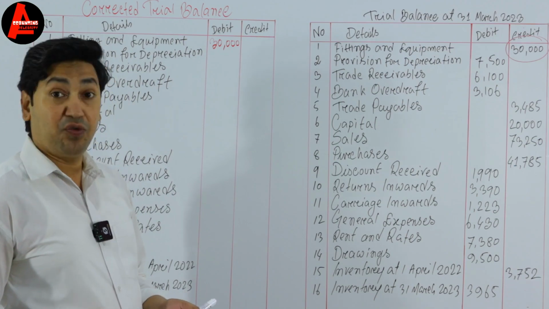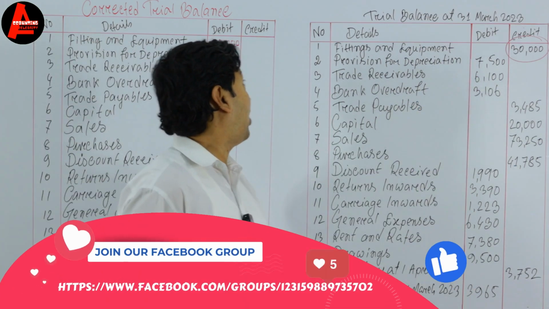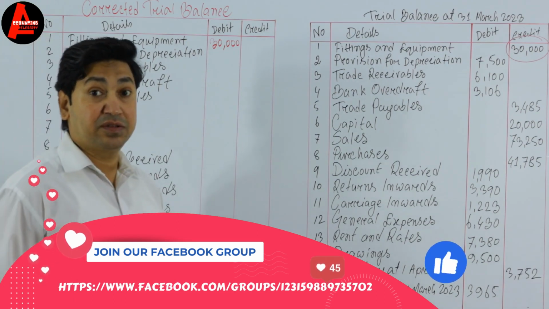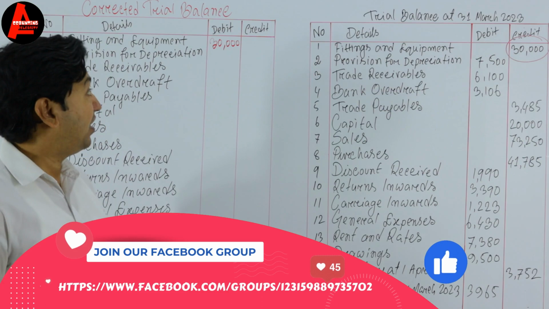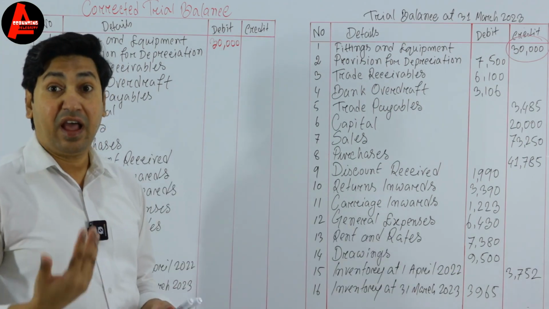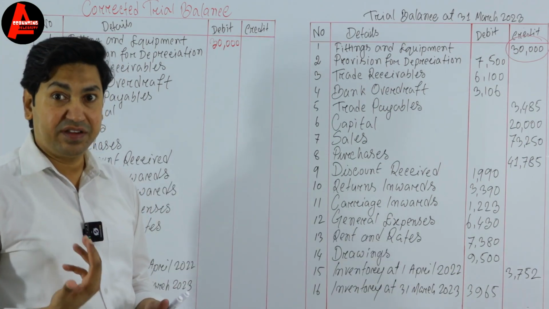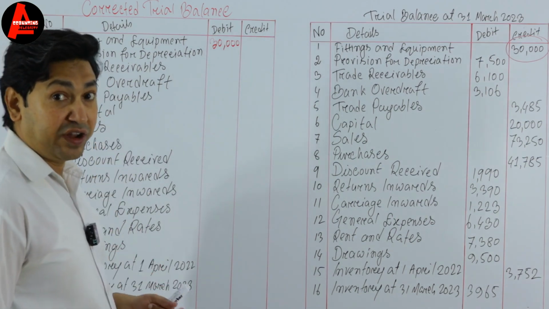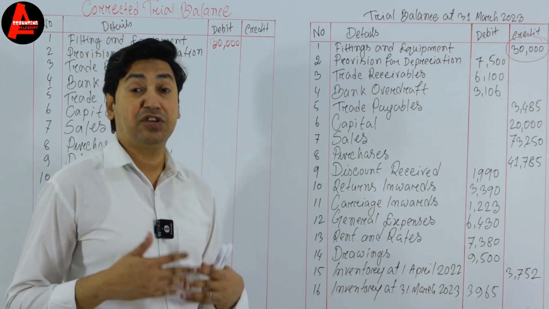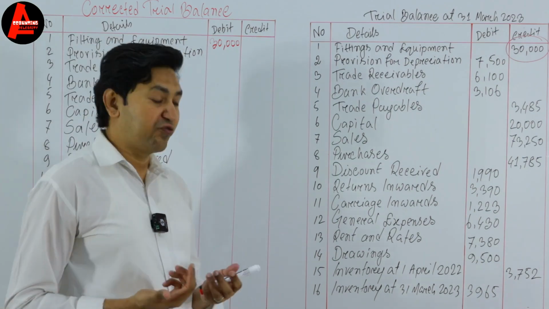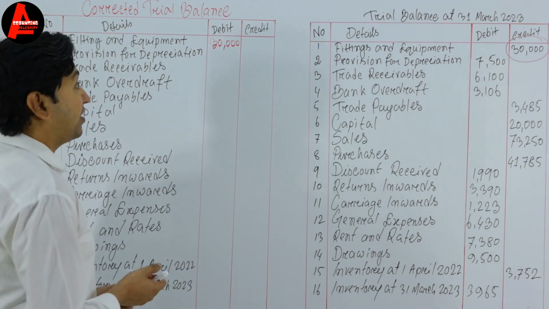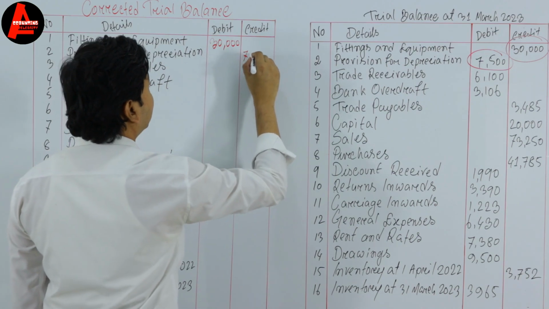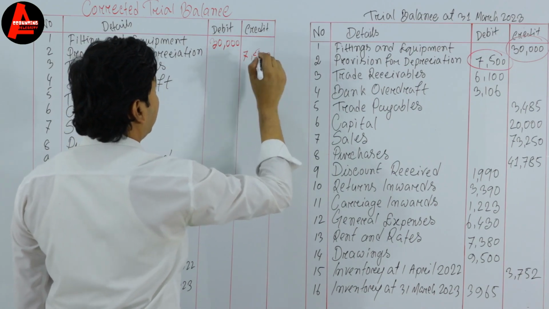We will write this amount on the credit side. Provisions of all types will be credited. So the first note was that assets of all types will be debited, and the second one, provisions of all types will be credited. Provision for depreciation and provision for doubtful debts will be credited. So let us write $7,500 on the credit side. This was also a mistake.